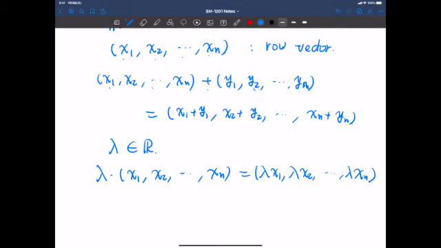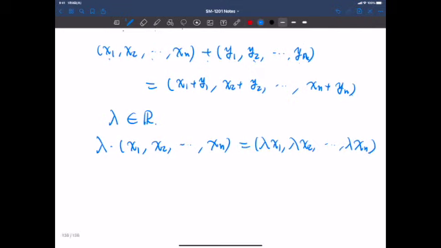Okay, and so far we don't define multiplication between two vectors. We only define multiplication between one real number and a vector. In this context, this real number is called a scalar, as opposed to a vector.